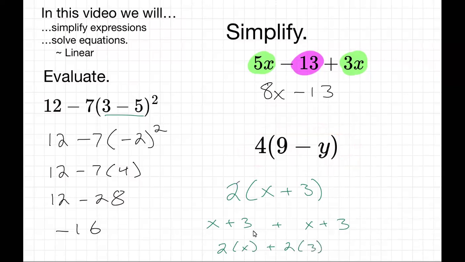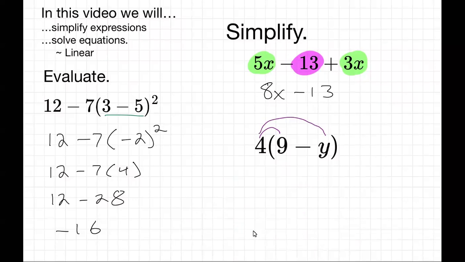The distribution takes that into account and says we could just go ahead and do the multiplication rather than listing out a bunch of factors added together. So here, we're going to be able to multiply that 4 to both of the terms that are inside the parentheses. So we'll have 4 times 9 times 4 times the y.